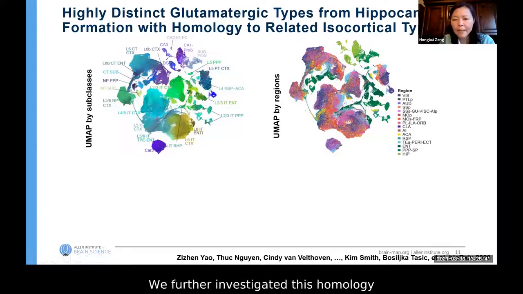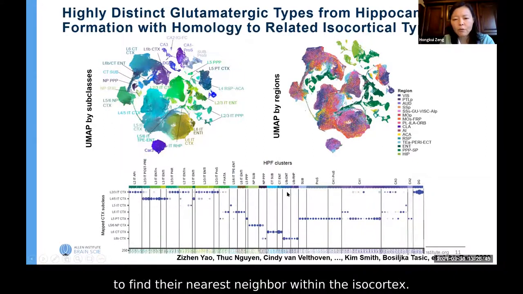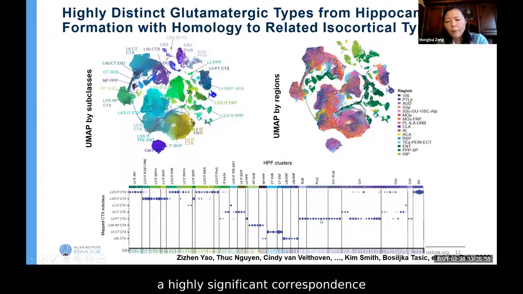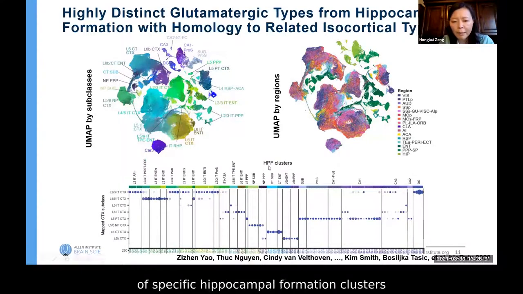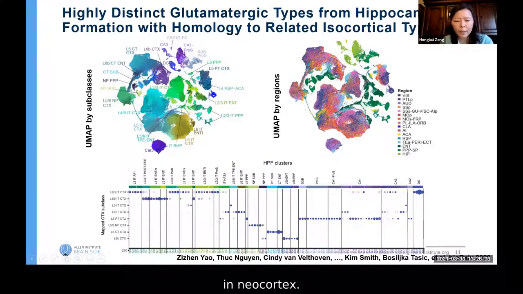We further investigated this homology by doing a direct homology search for each hippocampal formation cluster to find its nearest neighbor within the isocortex. And amazingly, we found a highly significant correspondence of specific hippocampal formation clusters and subclasses with specific projection types or subclasses in neocortex.